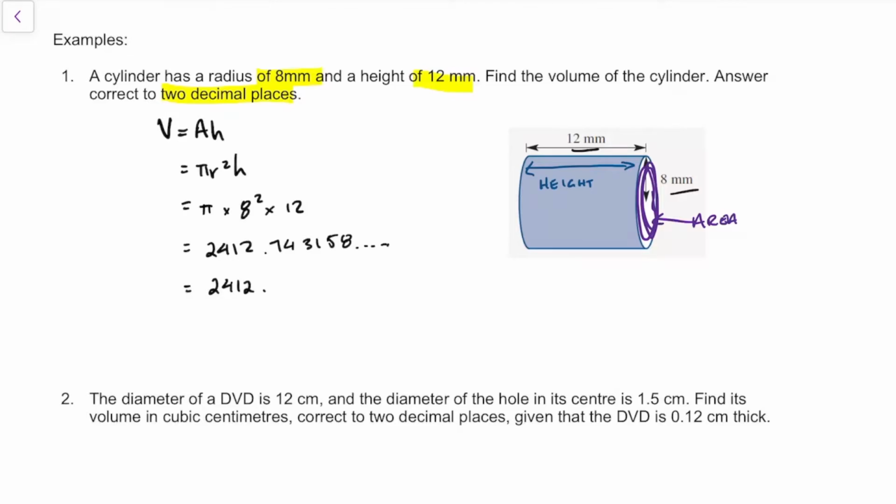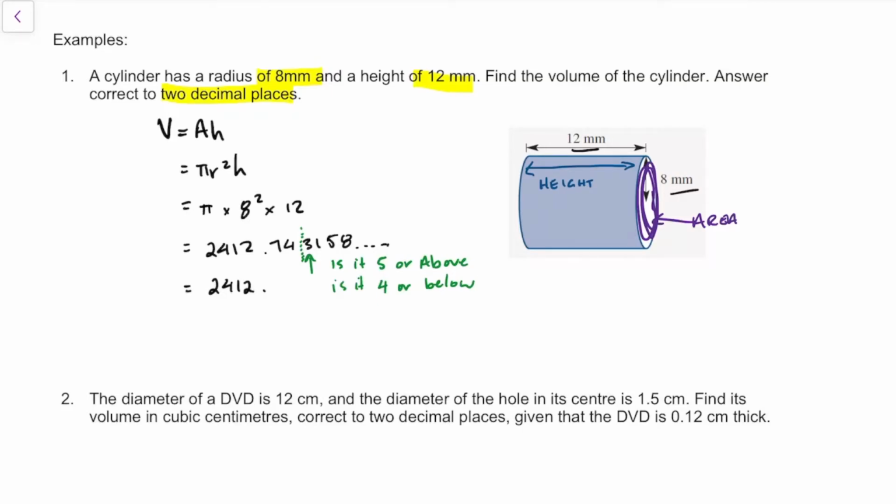Now if we want to go to those 2 decimal places, I'm going to cut it off here and look at the next number. I'm going to ask myself, is it 5 or above? Or is it 4 or below? If it is 4 or below, it stays the same.